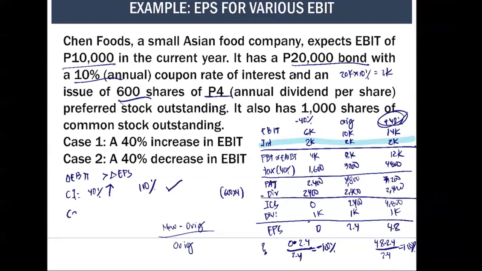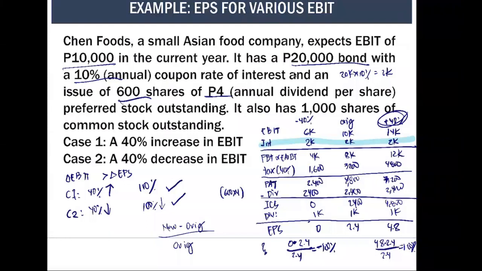Yes. Case 2, we have a 40% decrease in EBIT. What is the effect on our EPS? A decrease of 100%. So is there a greater change in EPS? Yes. So that's the effect of your high financial leverage.